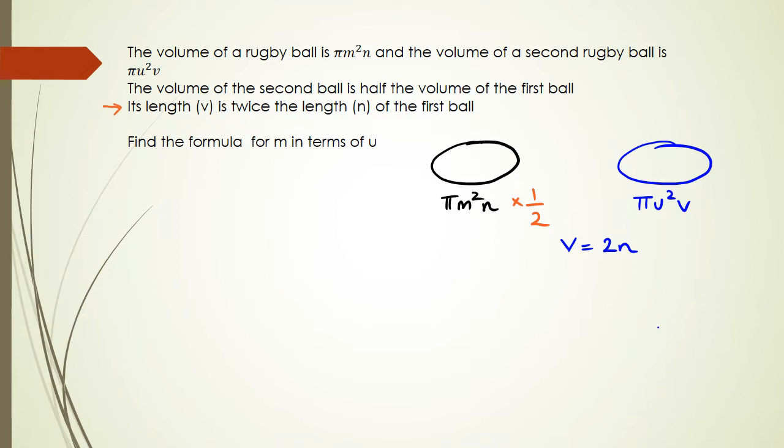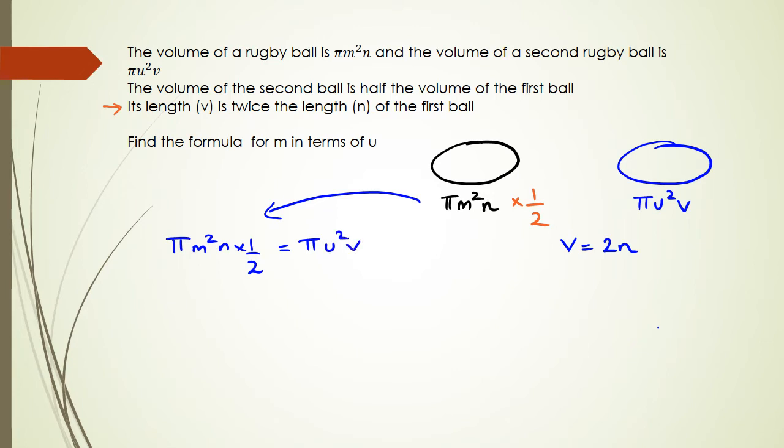So we know that these two expressions are equal to each other, and then we can substitute v and find a formula for m in terms of u. So we have the black ball first, which is pi m squared n multiplied by half, and that should equal pi u squared v.